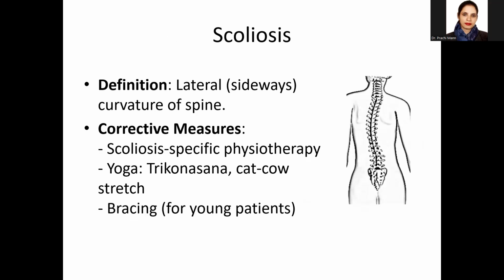Next deformity is scoliosis. Scoliosis is a condition where the spine curves to the side. When viewed from behind, it looks like a C or S shape. The curves can be known as right convexity if they bend to the right, or left convexity if they bend to the left.